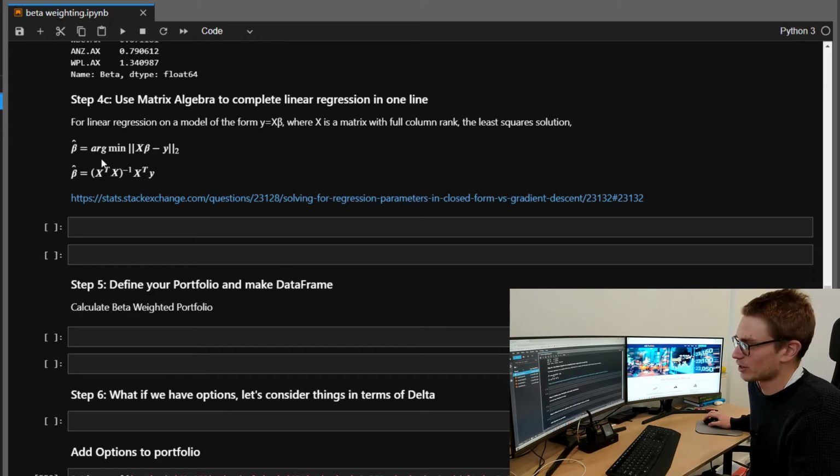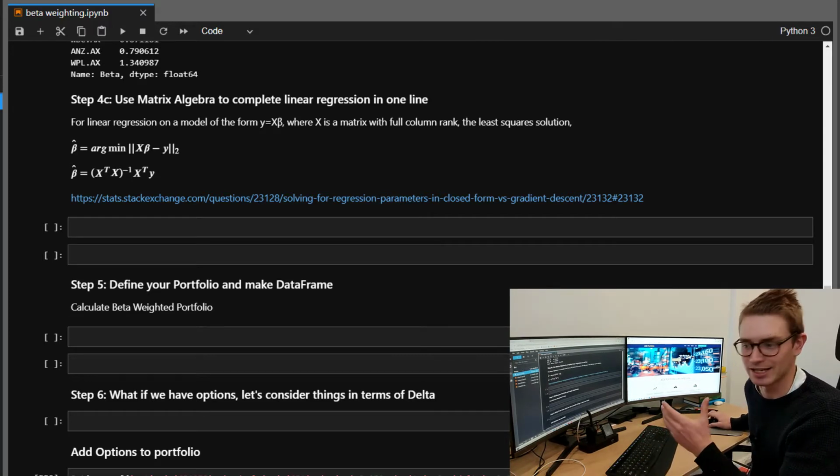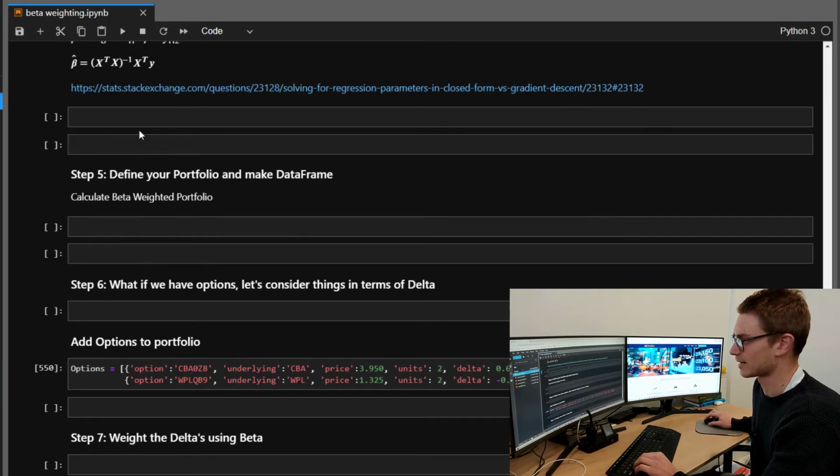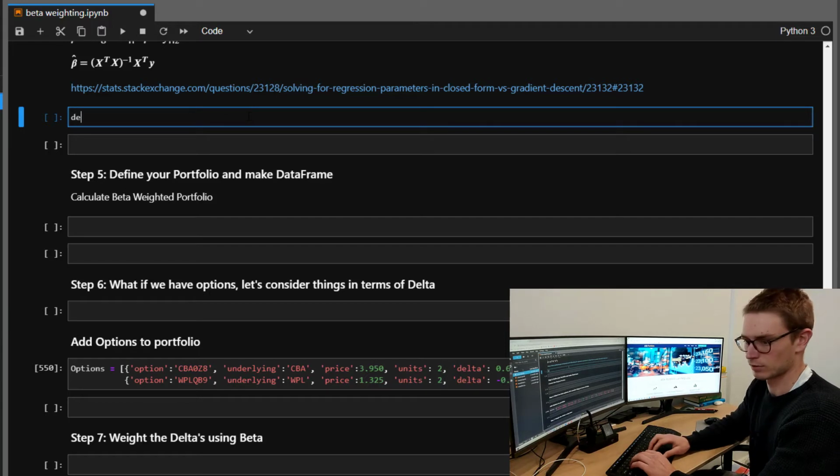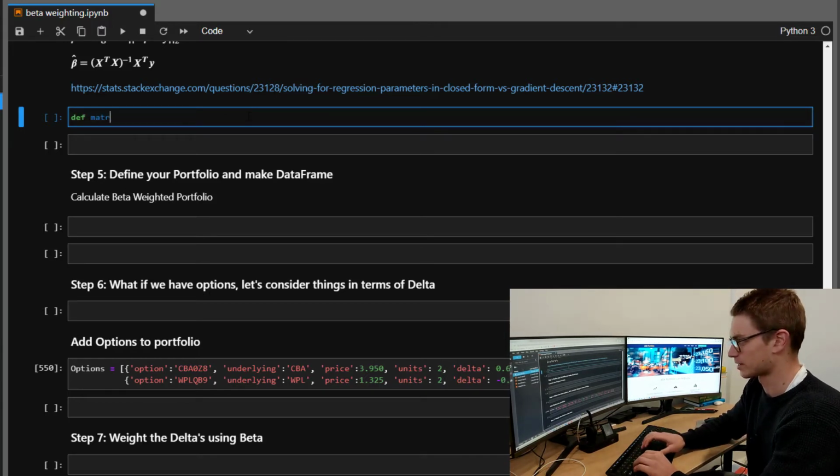And essentially with this argument and minimization function here, you get the estimates of the betas that minimize the differences between the error terms. So what we're going to do is implement this in matrix form using NumPy arrays, and it's going to be a whole lot cleaner and a lot less lines for us. So let's start this function from scratch. We're going to call this matrix beta.